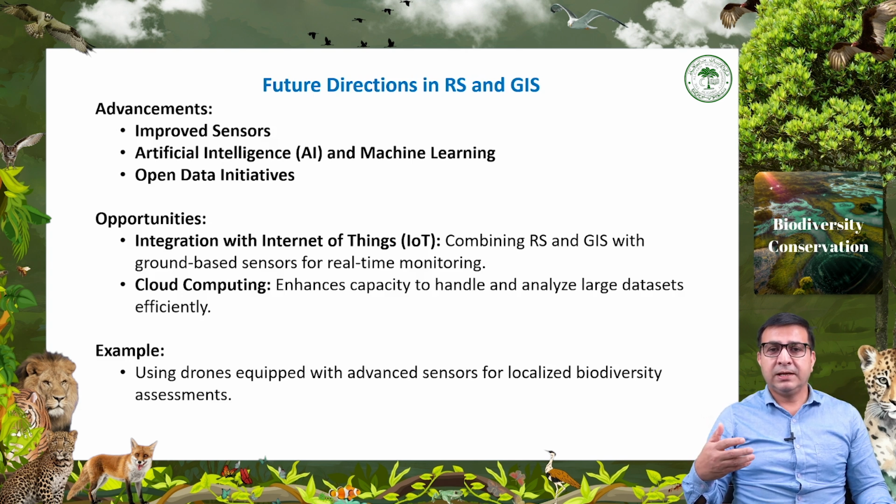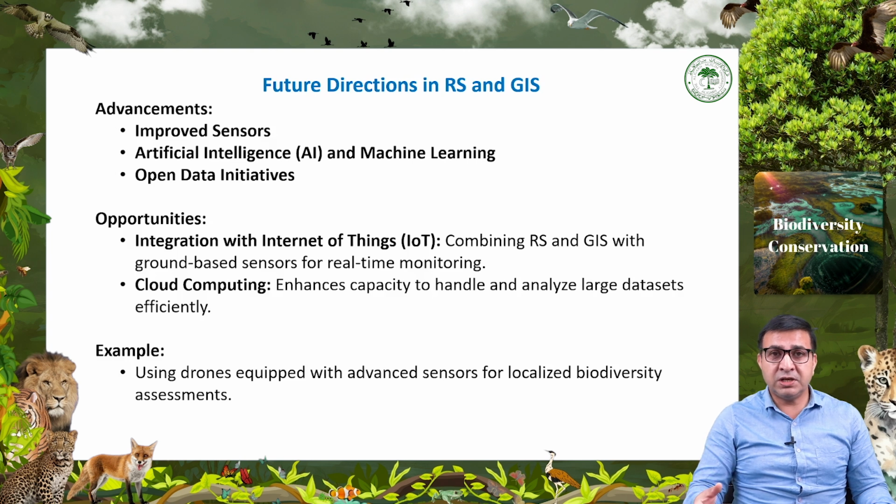The development of hyperspectral sensors will provide even more detailed environmental data, improving species distribution models and habitat assessments. Another is artificial intelligence and machine learning. These technologies automate data processing, allowing for faster and more accurate analysis of large datasets.